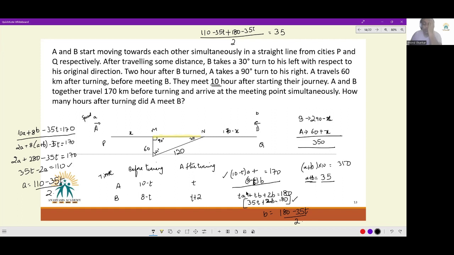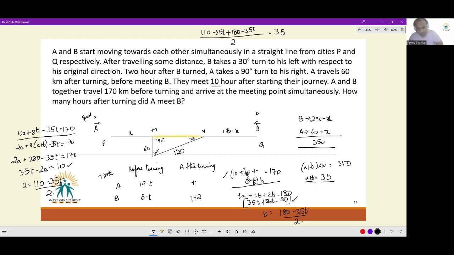This is 170, this is 180. I have to work on this framing. Before turning, they have traveled 170 for the first time. Before turning, A traveled for 10 minus t, B traveled for 8 minus t. 10A plus 8B minus TA minus TB translates to minus 35t.